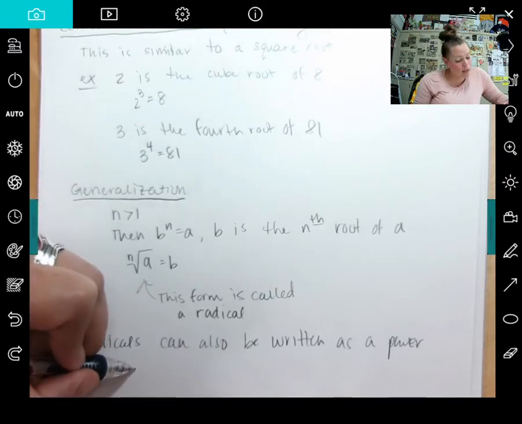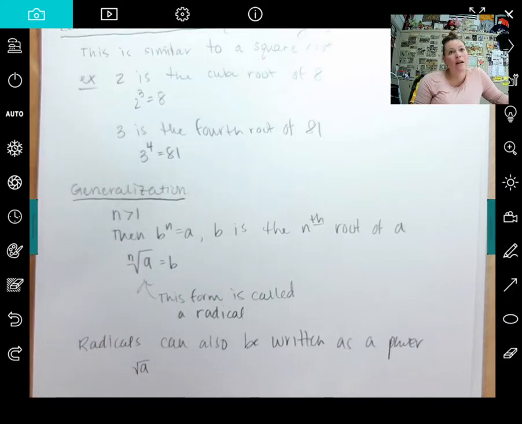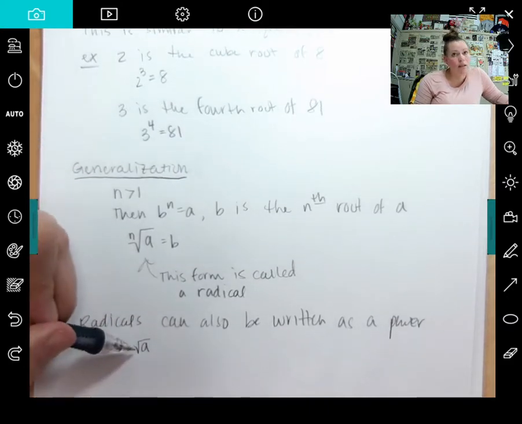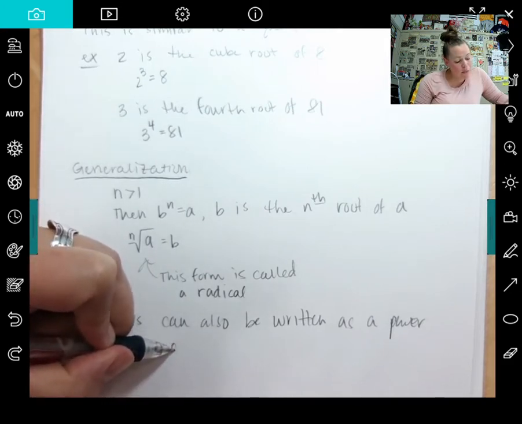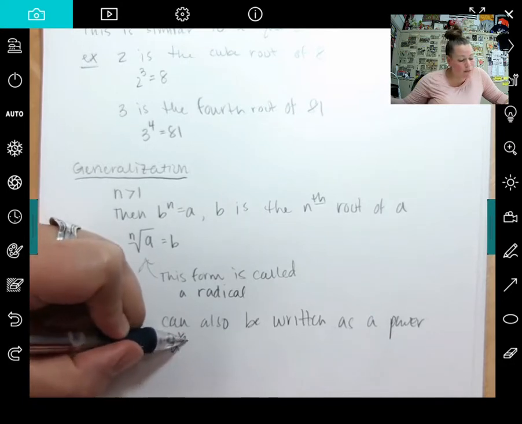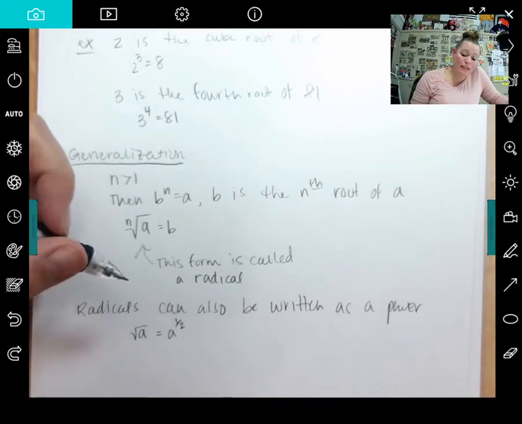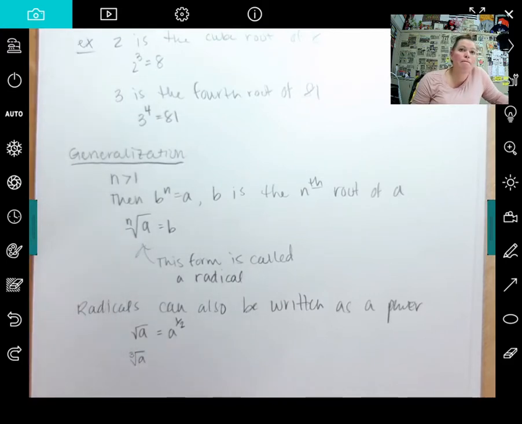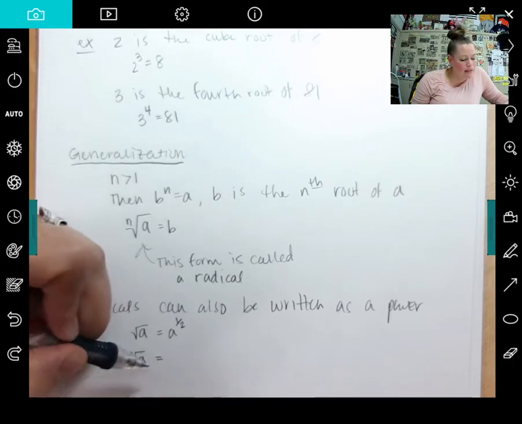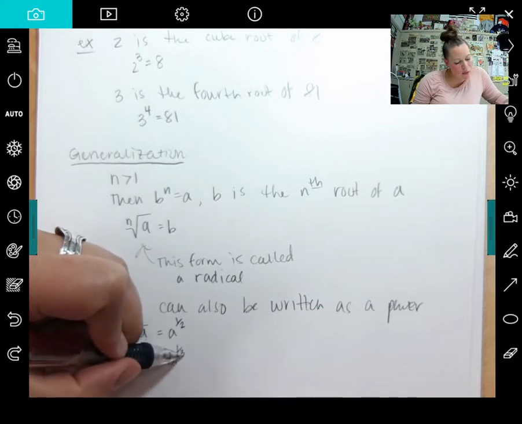So the way that we do that is, if we were looking at the square root of a, the radical version has this symbol in it. Writing it as an exponent, we put it to the 1/2. So if we looked at a different example, say that we were taking the cube root of a, the way that we would write that as an exponent is we take a to the 1/3 power.